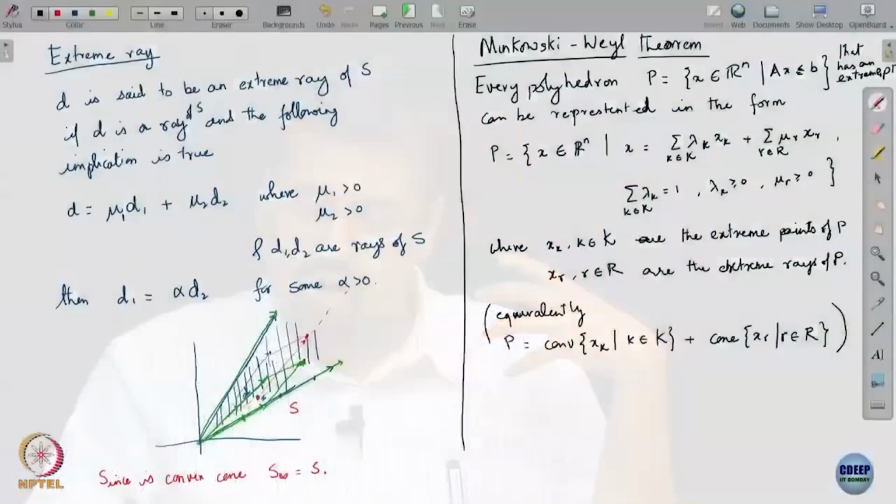Okay. This is an extremely difficult, complicated, powerful theorem. It also seems very intuitive, but it's actually very hard to prove. It takes quite a few pages to actually do the proof. Okay.